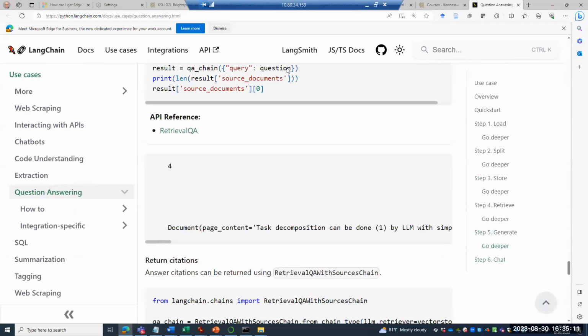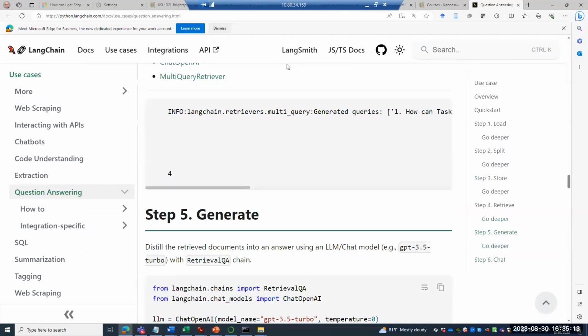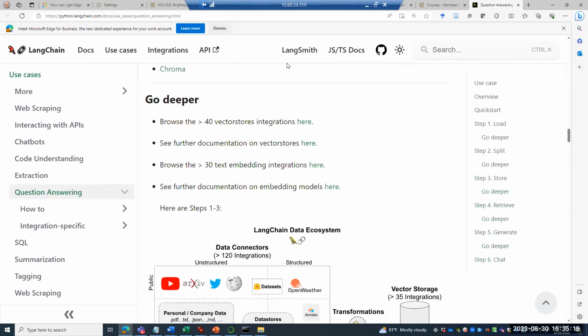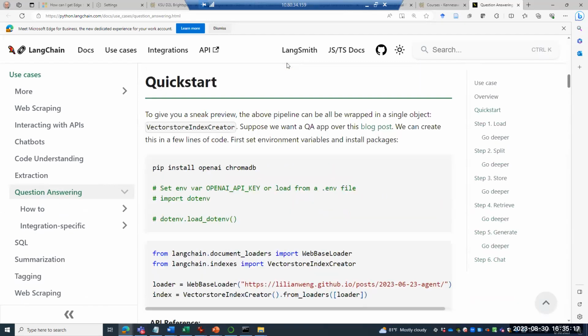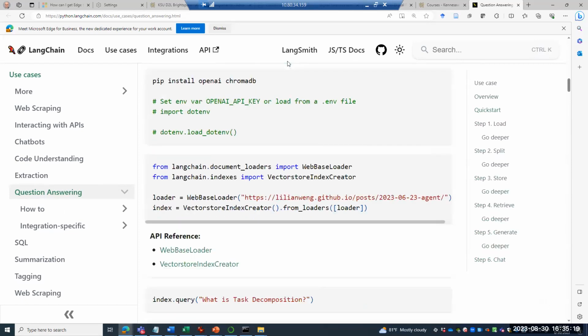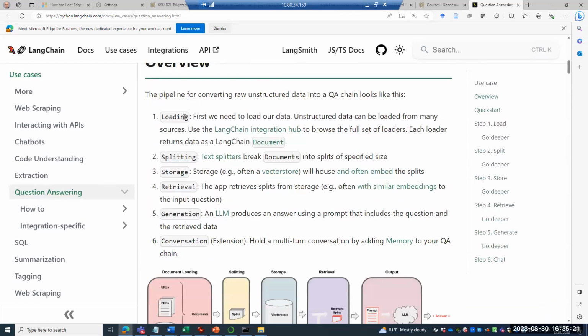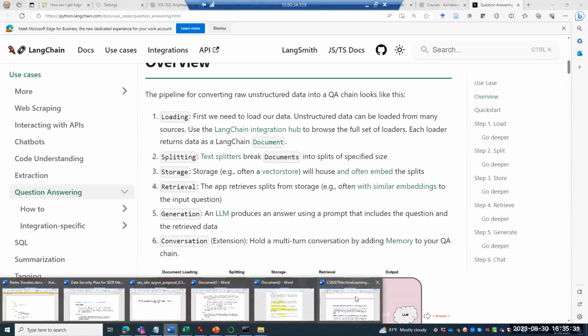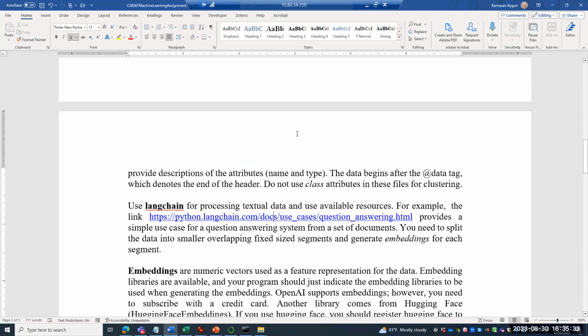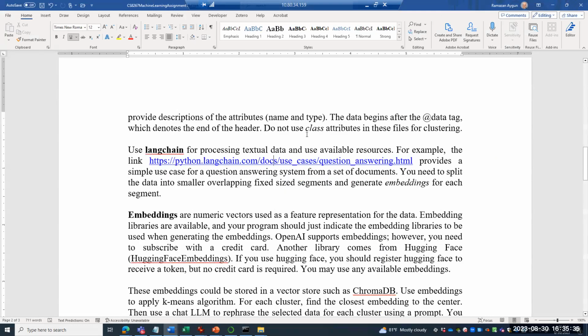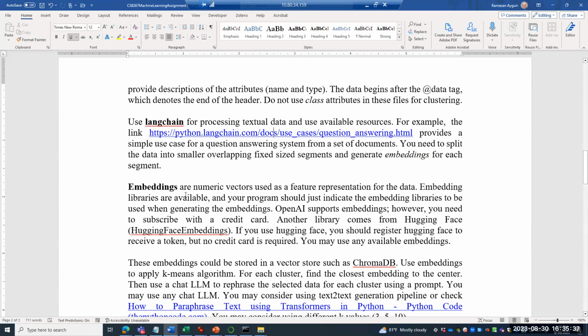So if I go back here, you may start at this. I believe you should be able to start these initial parts: step 1, loading; step 2, splitting; step 3, storage; step 5, generation. So if I go back to the assignment, that's LangChain. I said that you can use Hugging Face embeddings.